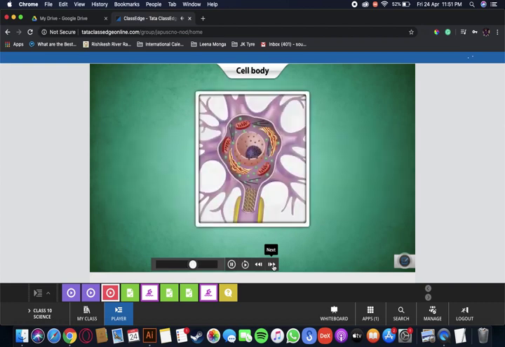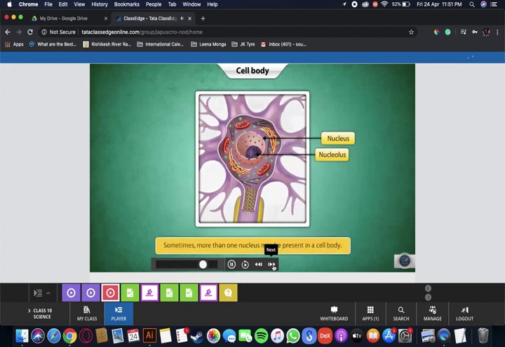A large centrally placed spherical nucleus is present in the cell body of each neuron. The nucleolus within the nucleus is distinct and can be easily identified. Occasionally, in some cell bodies, more than one nucleus may be present.